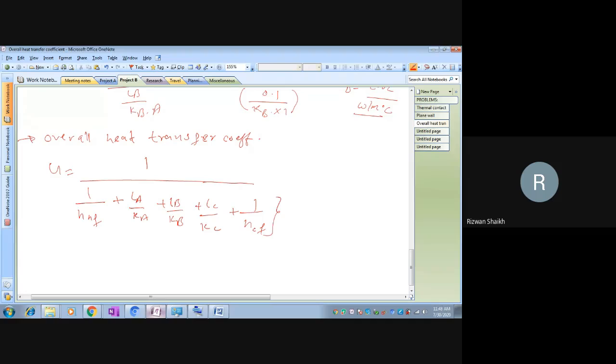So this is the entire expression that we have to remember. All the values are known, and finally we get the value of U, which is 3.062 watt per meter square degree Celsius. So that value we have to remember.